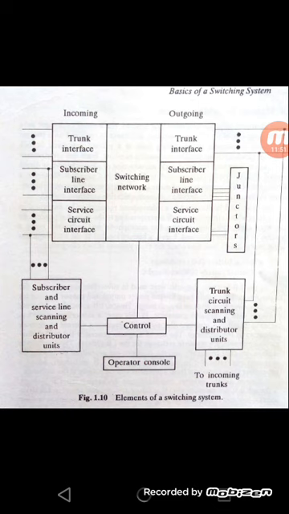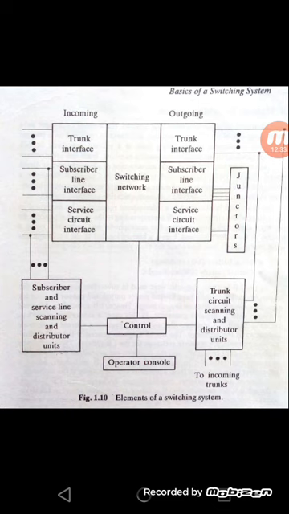For that reason, the switching network is also known as common network, common control, indirect control or register control. These are the four names.